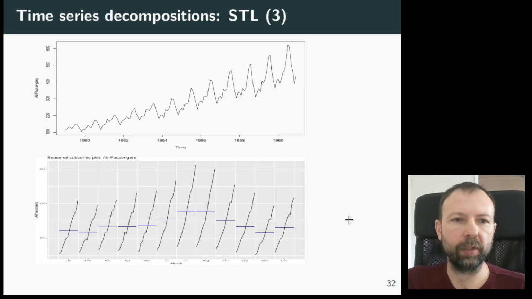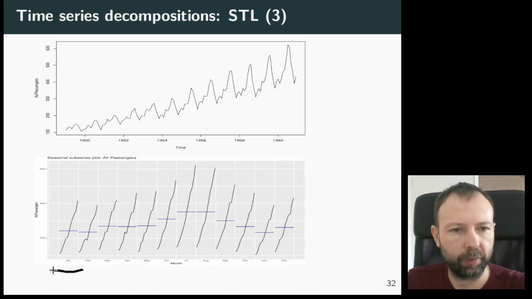Another interesting tool is this season plot that you see in the lower part here. So here we basically just take all the Januaries, we put them together. We take all the Februaries, put them together, all the Marches, put them together. Then we calculate the mean over that.